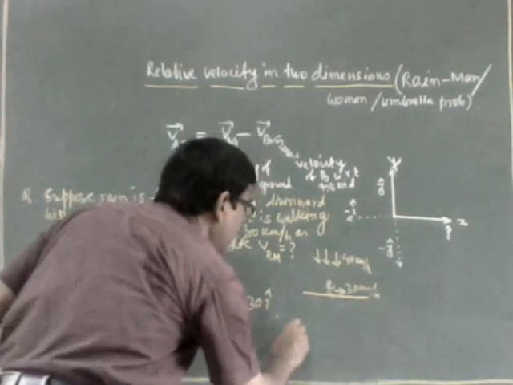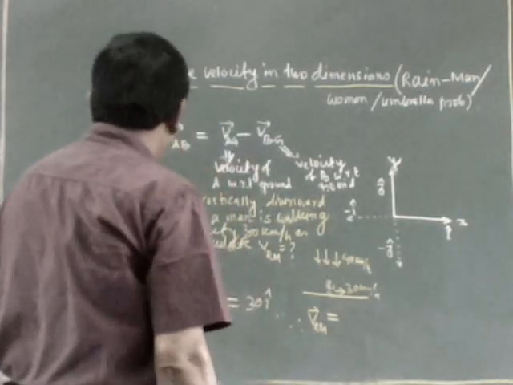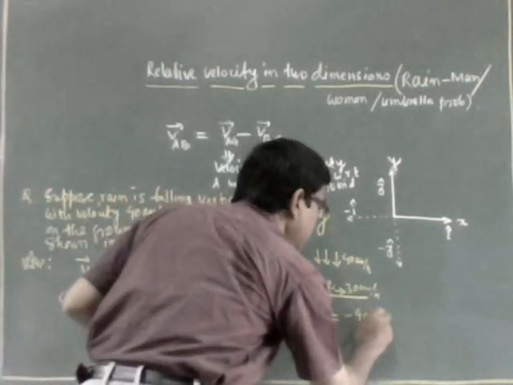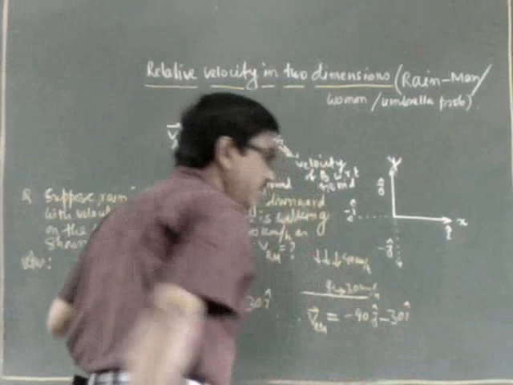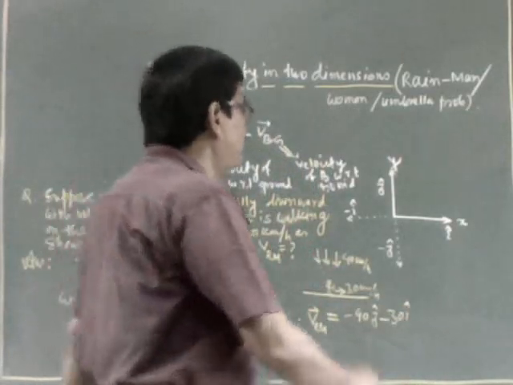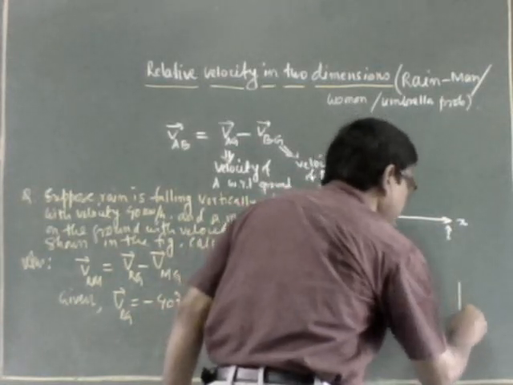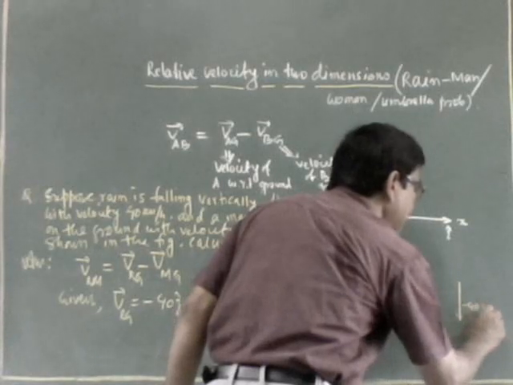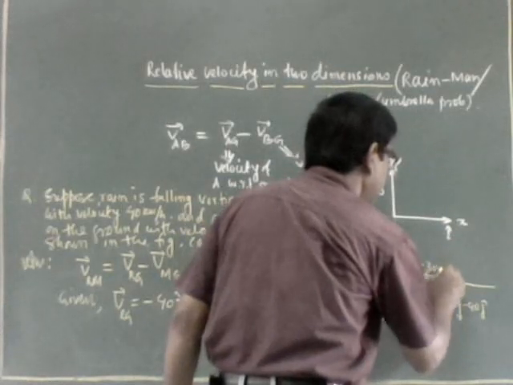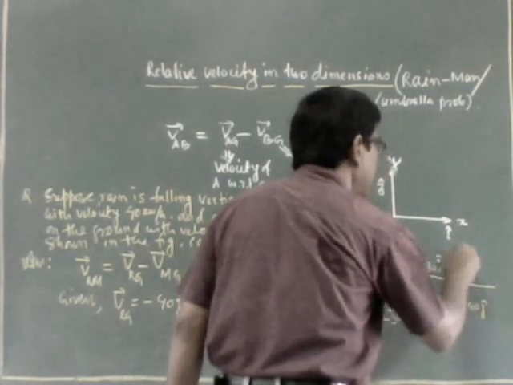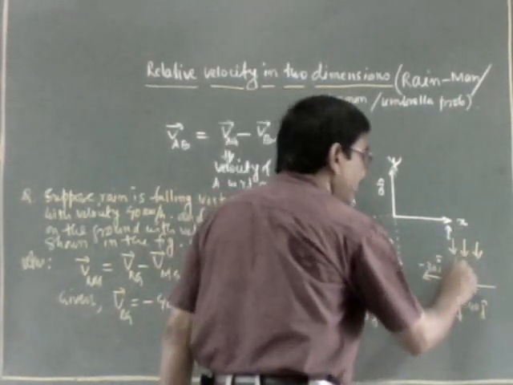Therefore VRM is equal to VRG, that is minus 40 j, minus VMG, means minus 30 i. So in this, minus 40 j and minus 30 i. The rain is falling like this.